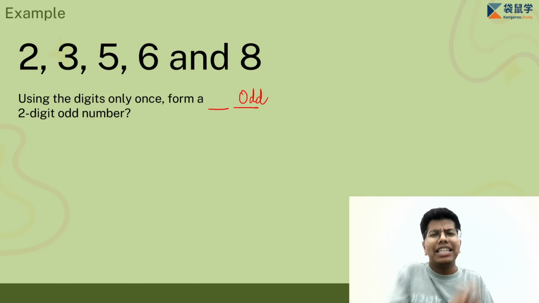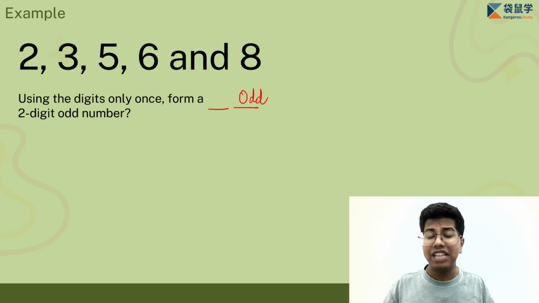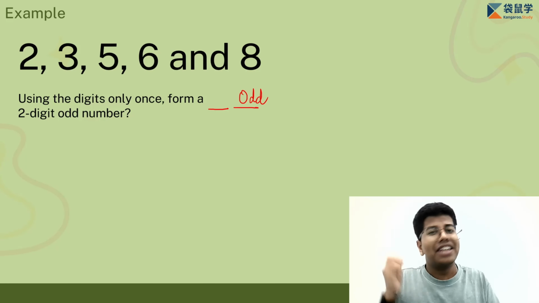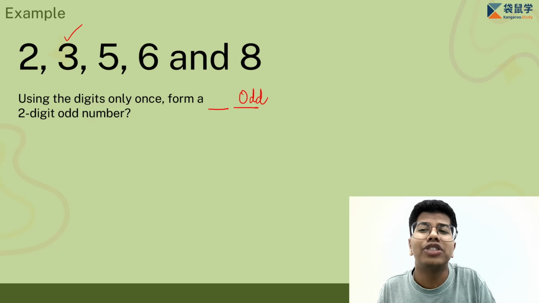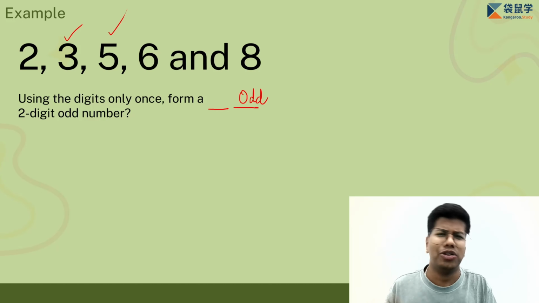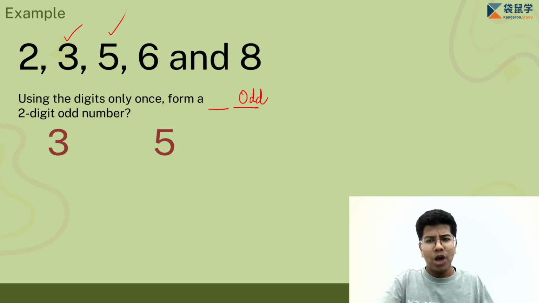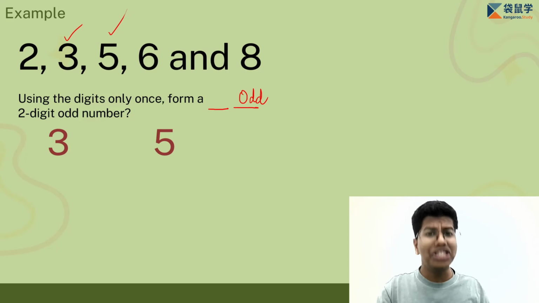Now, out of all the digits that are present, which digits can I put at the last place so that the number is odd? Yes, here we have two choices. 3 can be at the last place and 5 can also be at the last place. So I have two choices, 3 and 5. So if 3 and 5 are here, which digit can I put at the very first place?